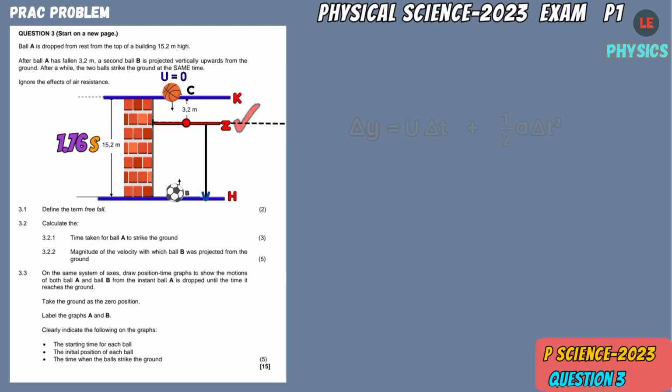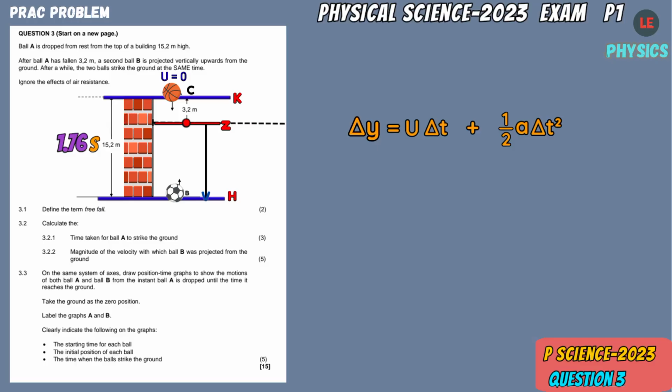So, we will use this equation to calculate velocity, but we don't have the time for how long the ball takes from projection to hit the ground. Since they hit the ground at the same time, we must have the time for ball C from 3.2 meters, since we have the time from 15.2 meters to hit the ground.